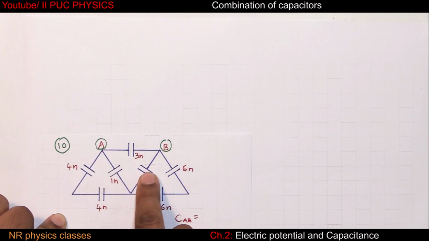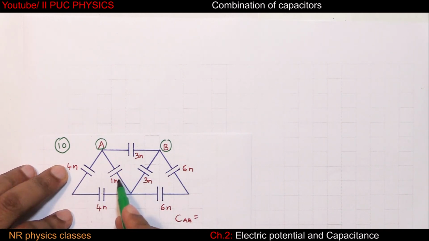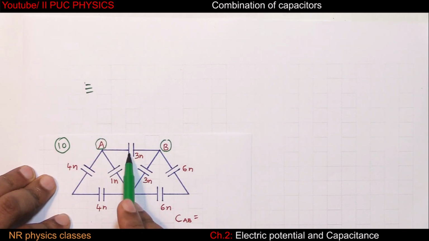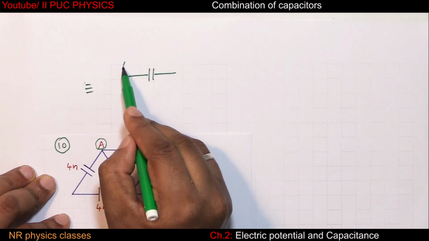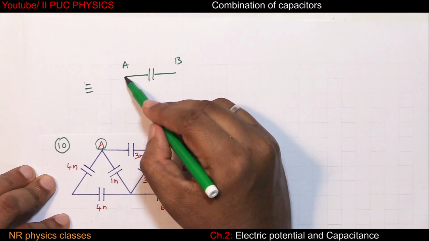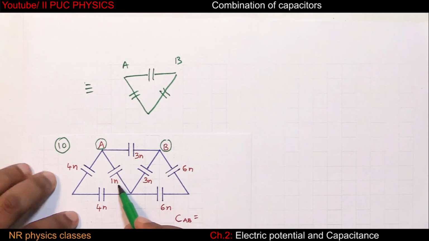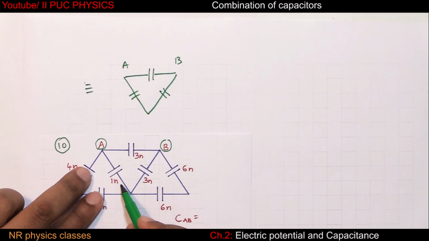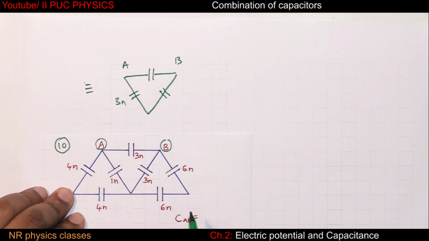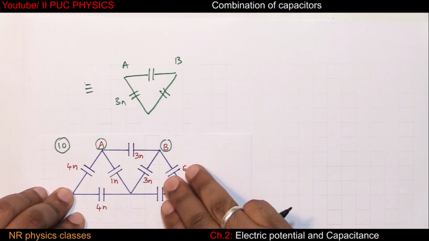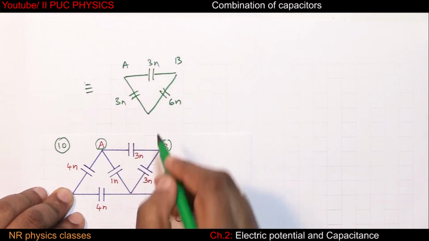There is 3 here, there is 6 here. Between A and B there is this 3. This is A, this is B. 4 and 4 gives 2, 2 plus 1 gives 3. So this is 3 nano. Similarly, 6 and 6 gives 3, 3 plus 3 gives 6. This is 6 nano. This is 3 nano.